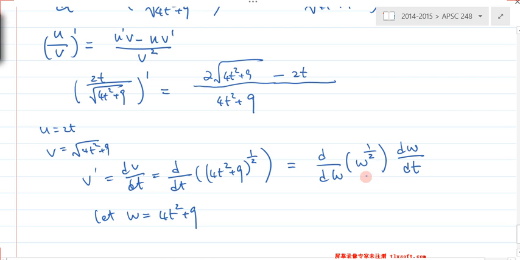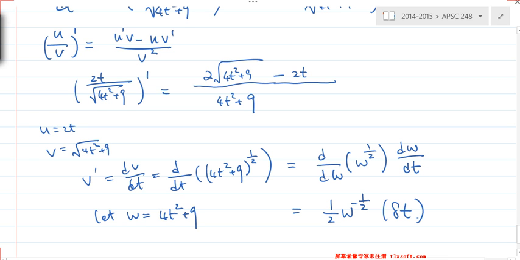So what is the first derivative here? It's 1/2 w to the power of negative 1/2. That's right. And dw over dt, what is w? It's this, so that gives us 8t.